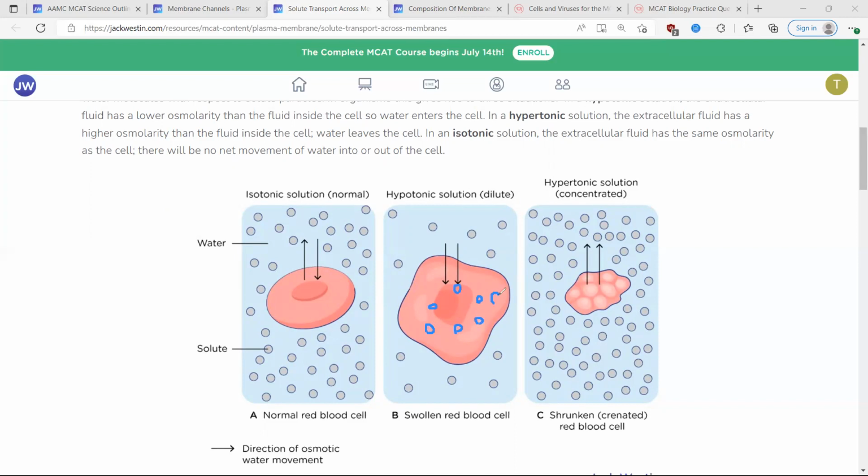I don't think I can draw enough dots, but the idea is that there's more dots in here. And because there's more solutes in here, the water is going to come down inside the cell. Whereas in this picture, it's probably easier to see, there's more solutes on the outside of the cell. So the water goes to wherever the solutes are. So the water leaves the cell and goes outside, and there's less water left inside.